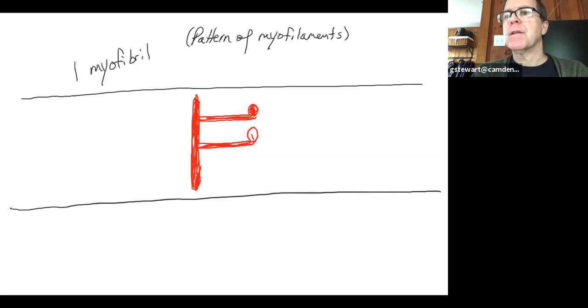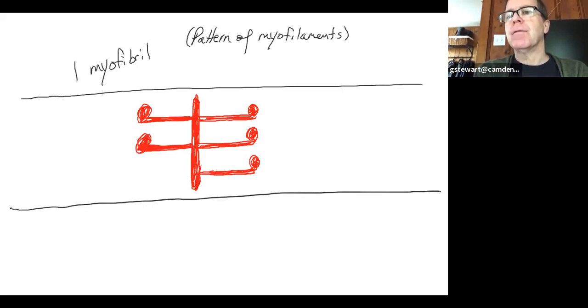They're not arranged quite this neatly. So these are myosin molecules, those myofilaments. The thick myofilaments are what I'm drawing right now. They have a globular head and a long tail. They kind of remind me of the shape of a golf club. A golf club has a shaft and then a head at the end of it for hitting the ball.